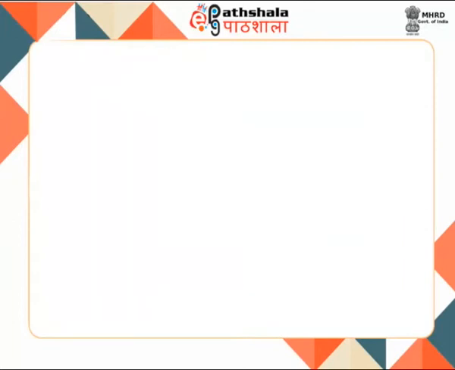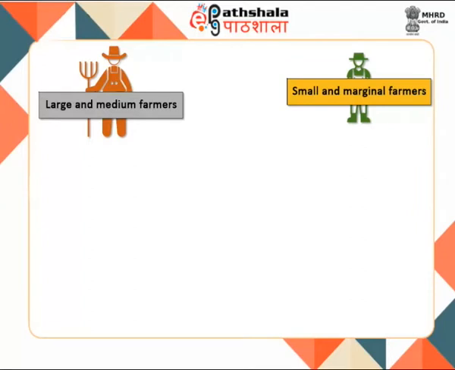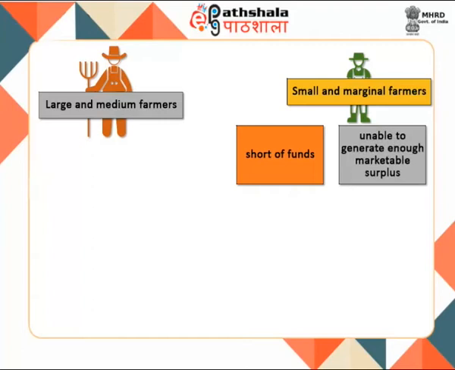Secondly, more often than not, input and output subsidies are appropriated by large and medium farmers. They bypass the small and marginal farmers who are short of funds and are unable to generate enough marketable surplus to avail of MSP or other subsidies.